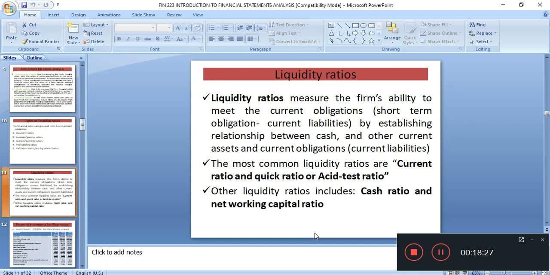The most common liquidity ratios are the current ratio and the quick ratio or acid test ratio. We have other liquidity ratios, including the cash ratio and net working capital ratio.